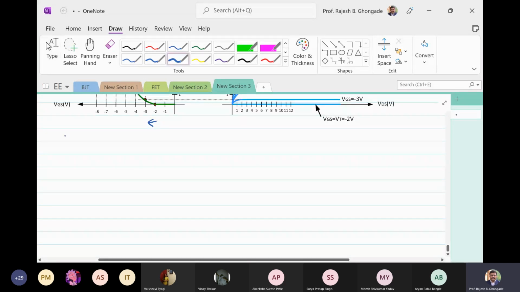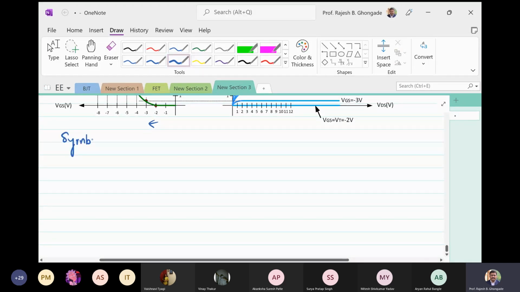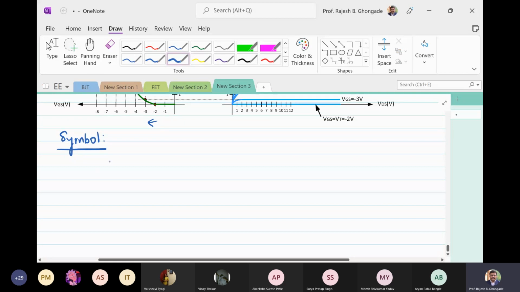Let us have a look at the symbol quickly. For N channel, you have this symbol. This is slightly complicated symbol.